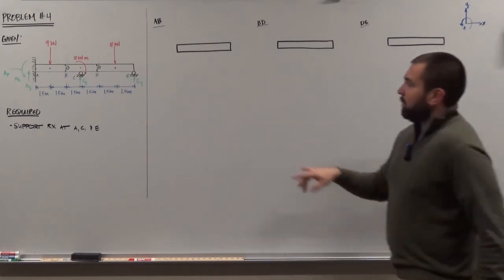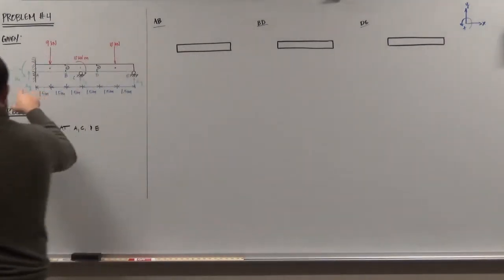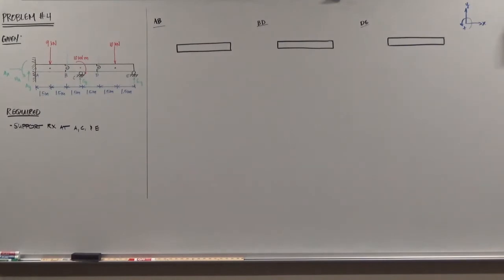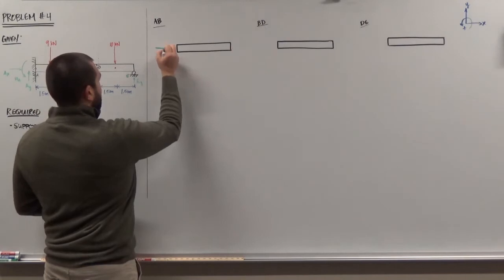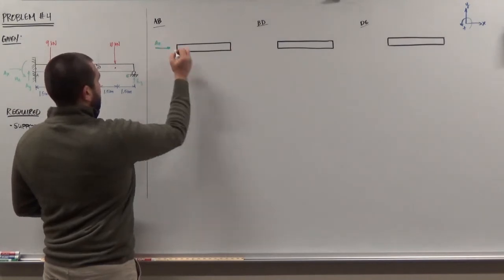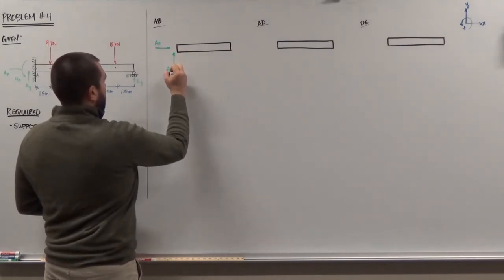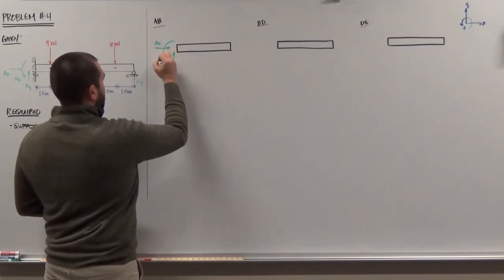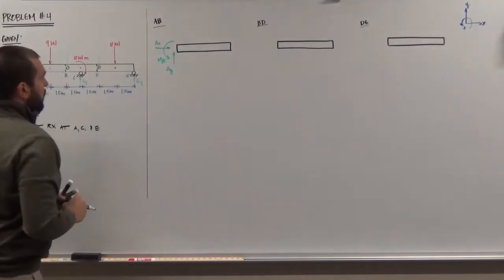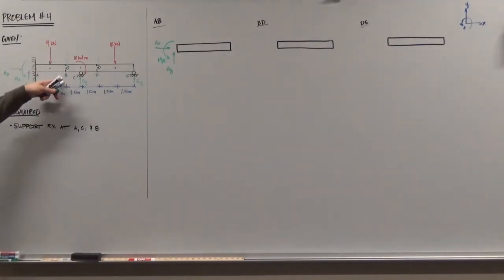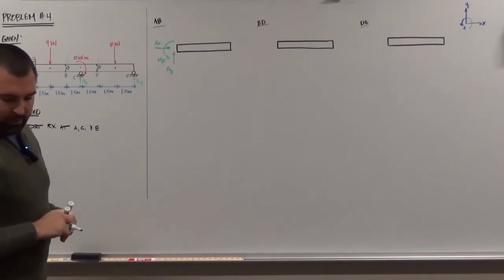Okay, so for member AB, on the left-hand side we've got our fixed support, which means that we have our 3 unknown reactions. And so AX, AY, and then some couple moment reaction MA. On the right-hand side, I have, you could think of them as reactions as well too, but I have this internal hinge transferring some unknown forces.